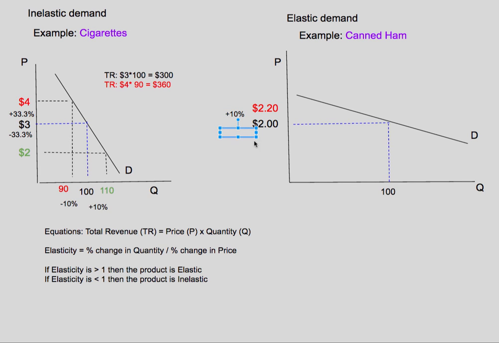And let's see what happens. We draw a cross. And we notice that, yep, as the law of demand is saying, as we increase the price, the quantity demanded goes down.